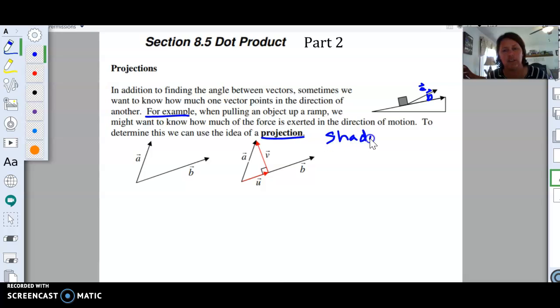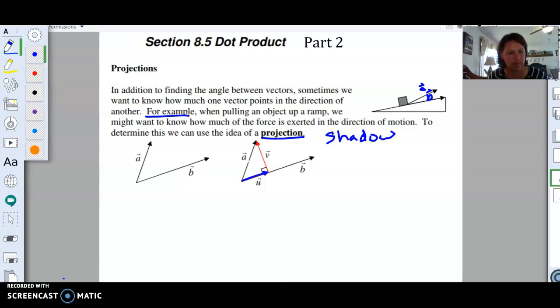So this is our force vector A, and if the sun was straight up overhead, 12 o'clock, and created a 90-degree angle shadow onto the direction vector, then that is the projection. That is what I am looking for right here, the vector that creates the shadow.